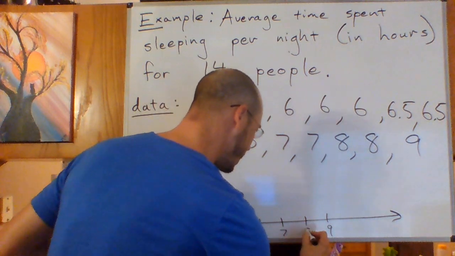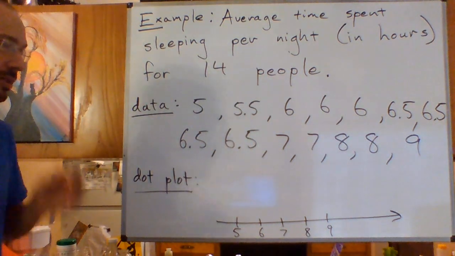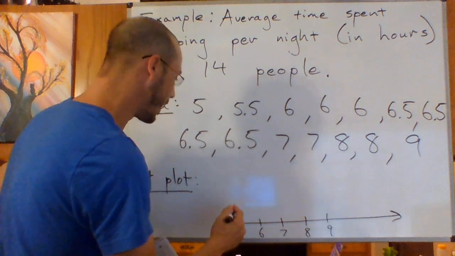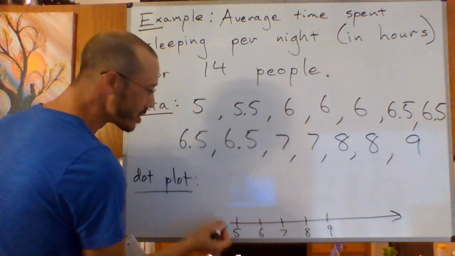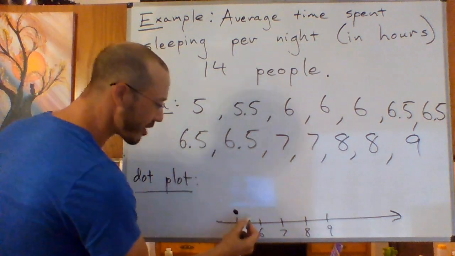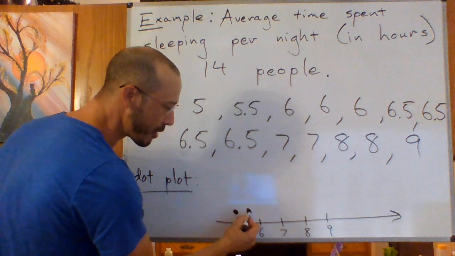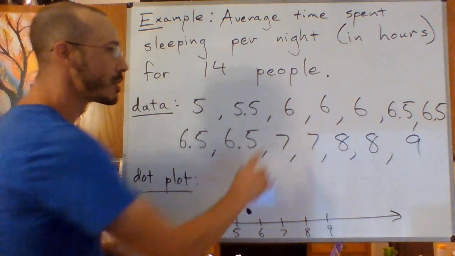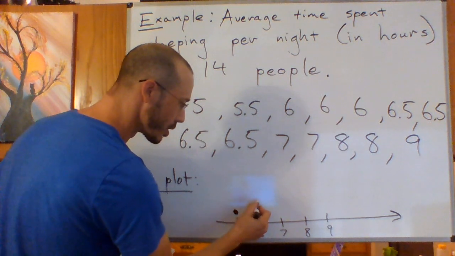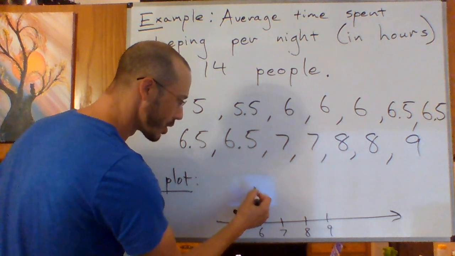So that's really the breadth or the spread of my data. And for each of these, there's only one 5. And there's only one 5.5, so 5.5 halfway between 5 and 6. There are 3 values of 6, so I'm going to put 1, 2, 3.